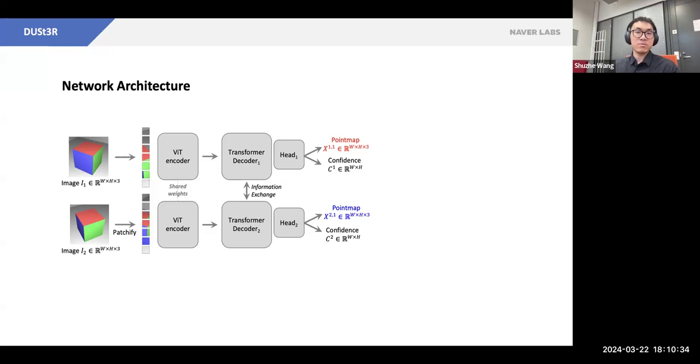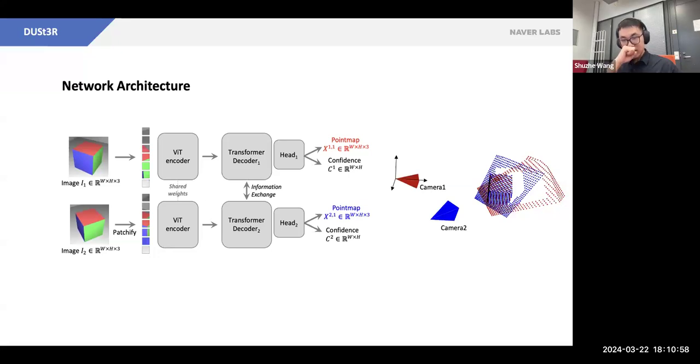During the cross attention stage, the information from image 1 is considered as an input for the cross attention layer in image 2, followed by two heads to predict the coordinate map together with a confidence map.